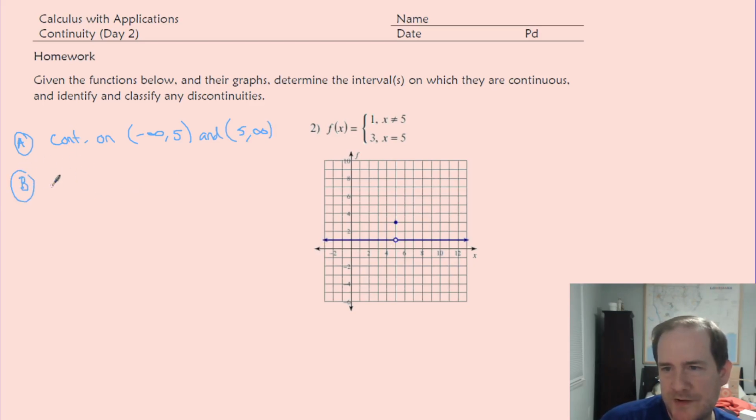And then here we can say because the limit as x approaches 5 from the left of the function is given by the expression where we can't be 5. It's given by the horizontal line, so our limit is 1. And that is equal to the limit from the other side.